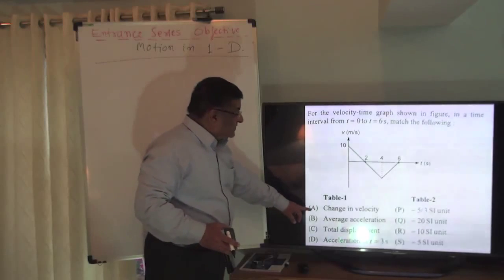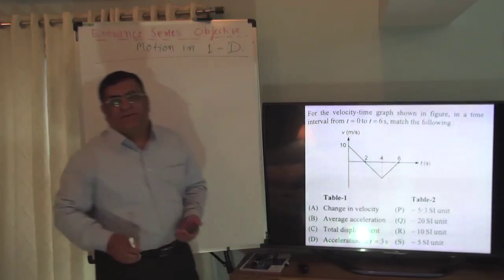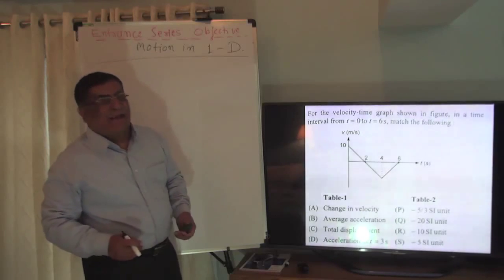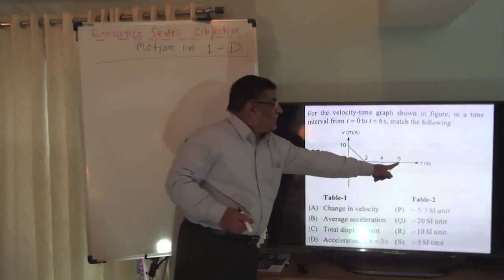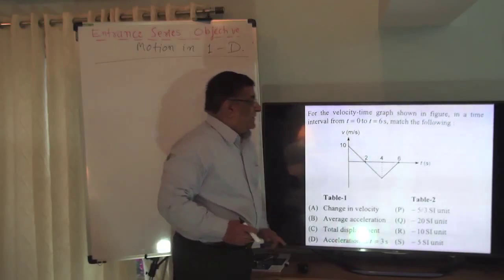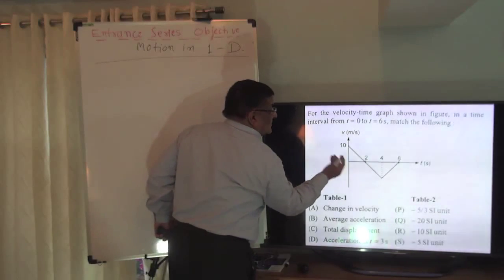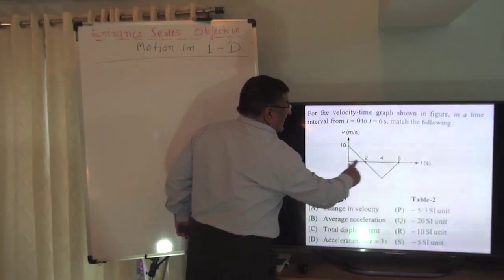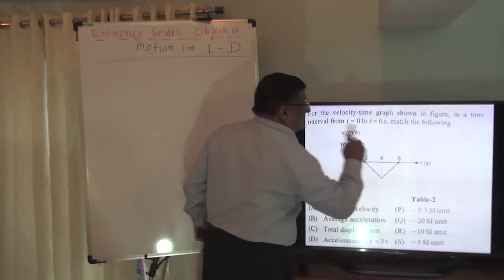So first is change in velocity. Change in velocity in 6 seconds. In 6 seconds the graph is complete. At time 0 the velocity is 10. At time 6 velocity is 0.